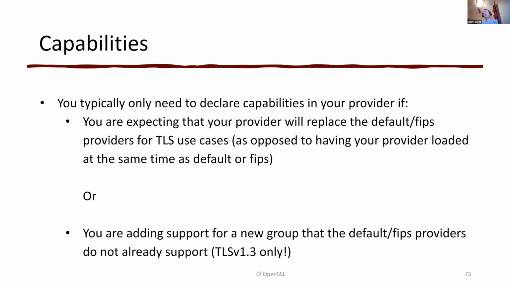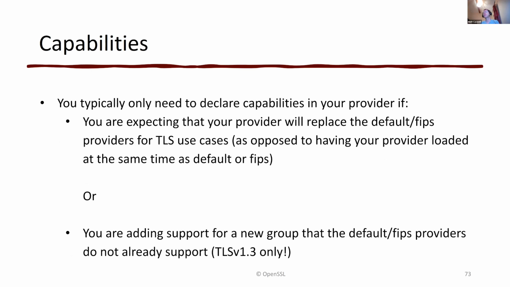So when do you need to use these capabilities in your provider? It's typically in one of two situations. If you are expecting that your provider is going to replace the default or FIPS provider, and it's going to be used in TLS, then you will need to declare these capabilities.